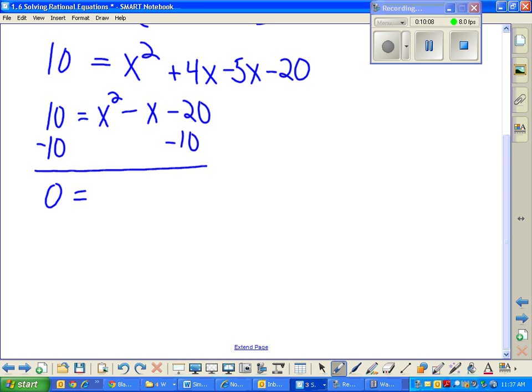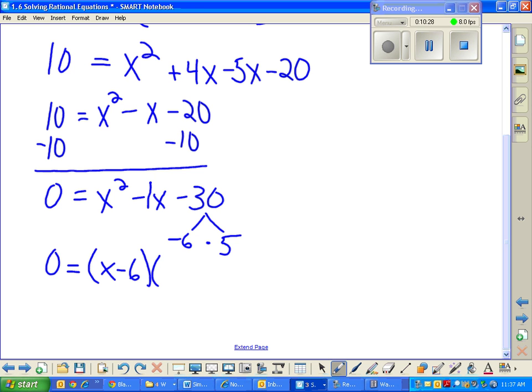My left side is now 0. And I have something on the right side now that's very factorable. So factors of negative 30 that make negative 1 in between. I'm thinking that's negative 6 and positive 5, yeah? So that's just going to be x minus 6 times x plus 5.